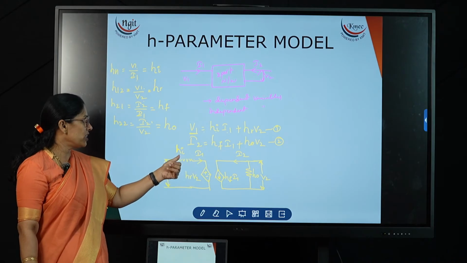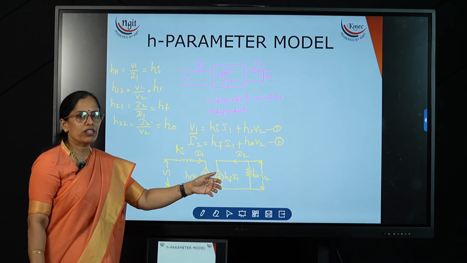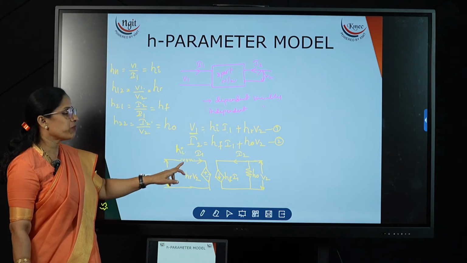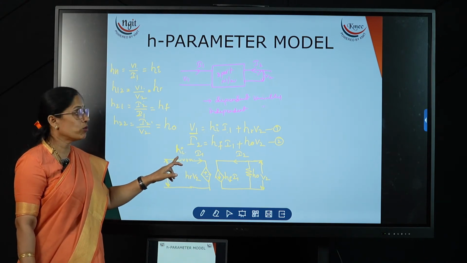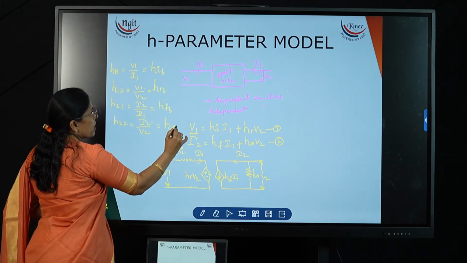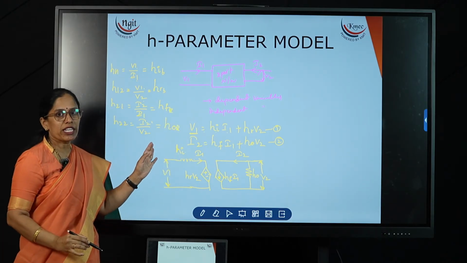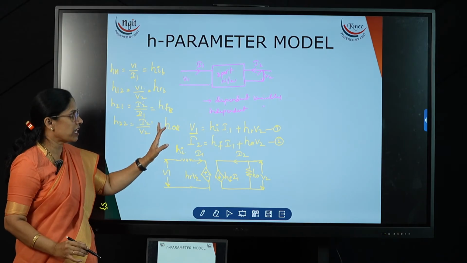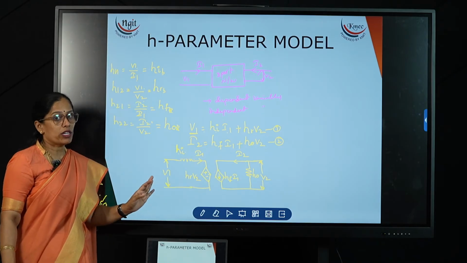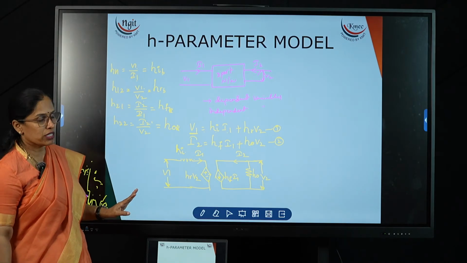Instead of the generalized expression HI, HF, HR, HO, for common base we use the second suffix B, for common emitter the second suffix E, and for common collector the second suffix C. That's all. And accordingly we take the input and output currents and voltages for each configuration.